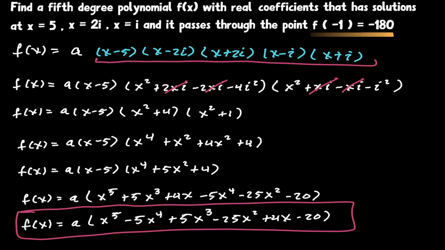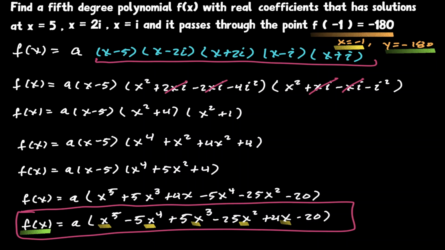We want to make sure that when we evaluate this function with an x value of -1, the output is -180. And this condition is what we're going to be using to properly define the leading coefficient a. Within this function, let's substitute the value of x to be -1, and let's set our equation equal to -180.